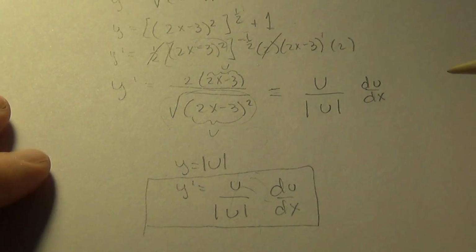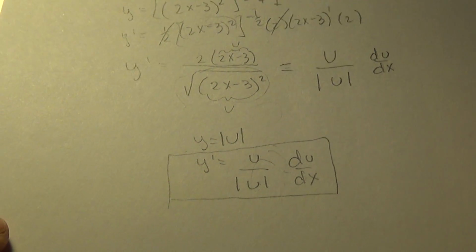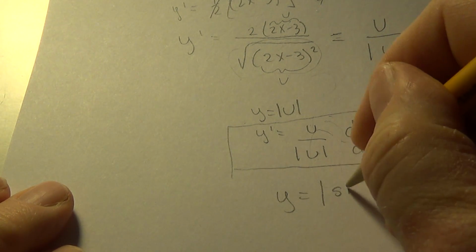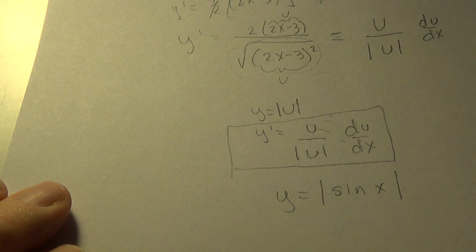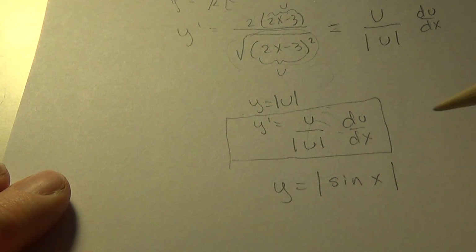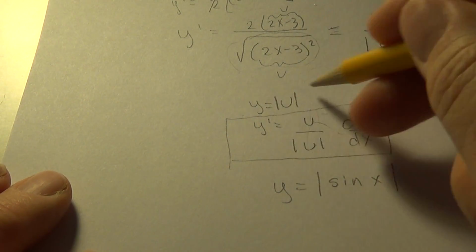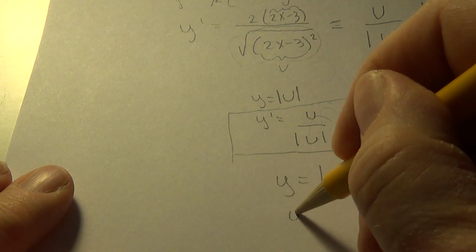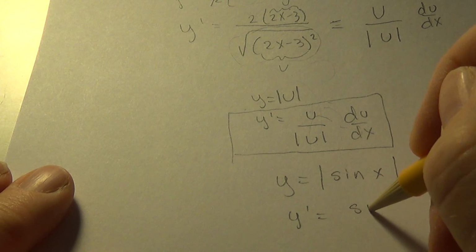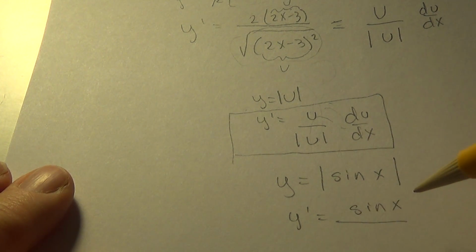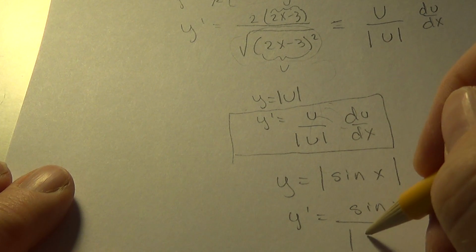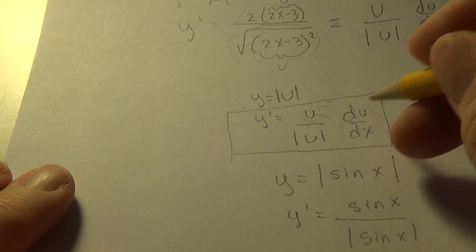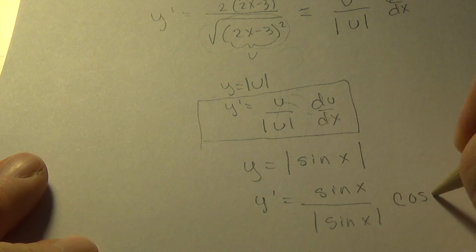So let's say that we have y equals the absolute value of sine x. And so what that means is, from our derivative box here, y prime is going to be the expression in the absolute value divided by the expression with the absolute value, times the derivative of the expression, which in our case is cosine x.